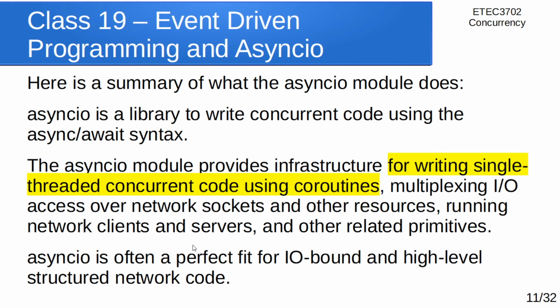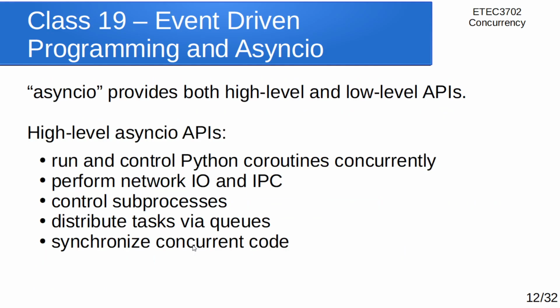Now, I highlighted on this slide single-threaded concurrent code using coroutines. So let's dig into that a little bit further. The asyncio module itself provides a set of APIs at a high level of abstraction and a lower level of abstraction.